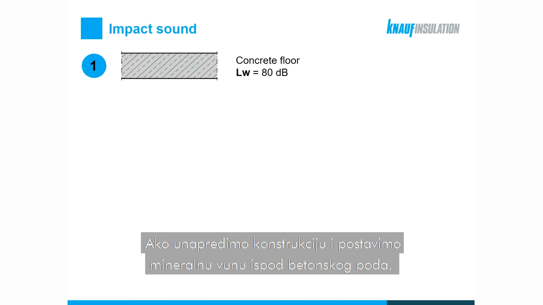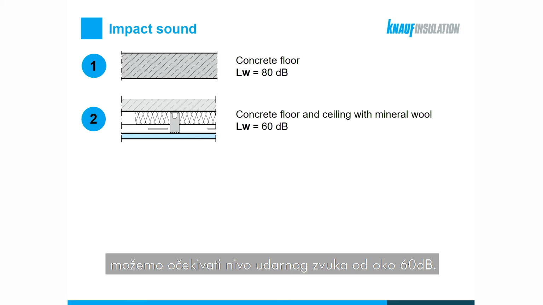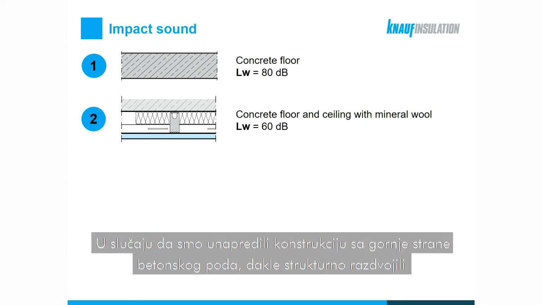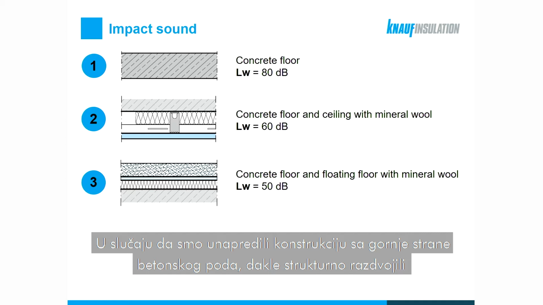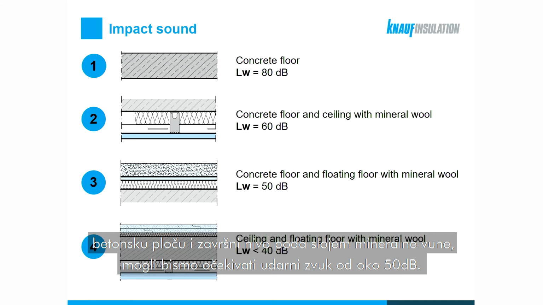So if we go to the next step, we upgrade and install the ceiling with the mineral wool below this concrete floor, we can now expect an impact sound of around 60 decibels. In case we did such an upgrade on the upper side of the floor, so we structurally separate the concrete floor and the finished floor level with the mineral wool layer, we can expect an impact sound of around 50 decibels.